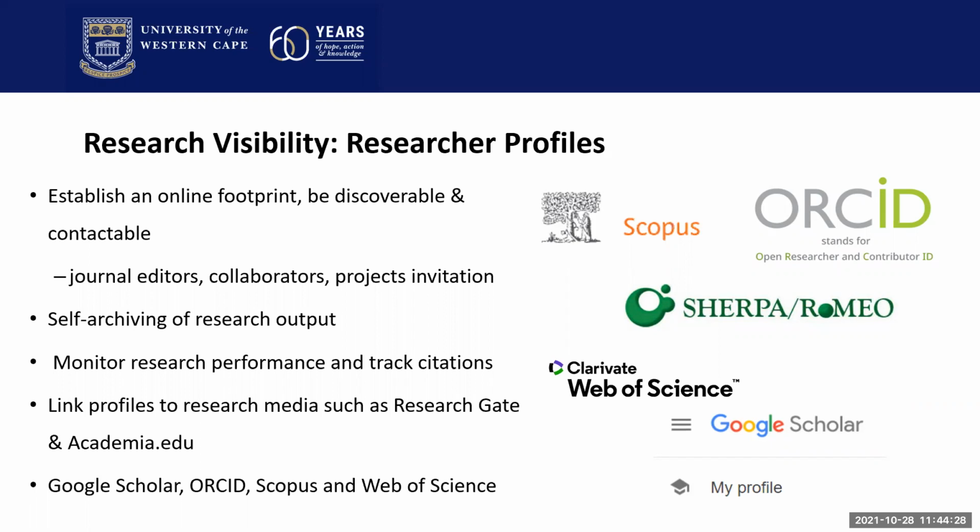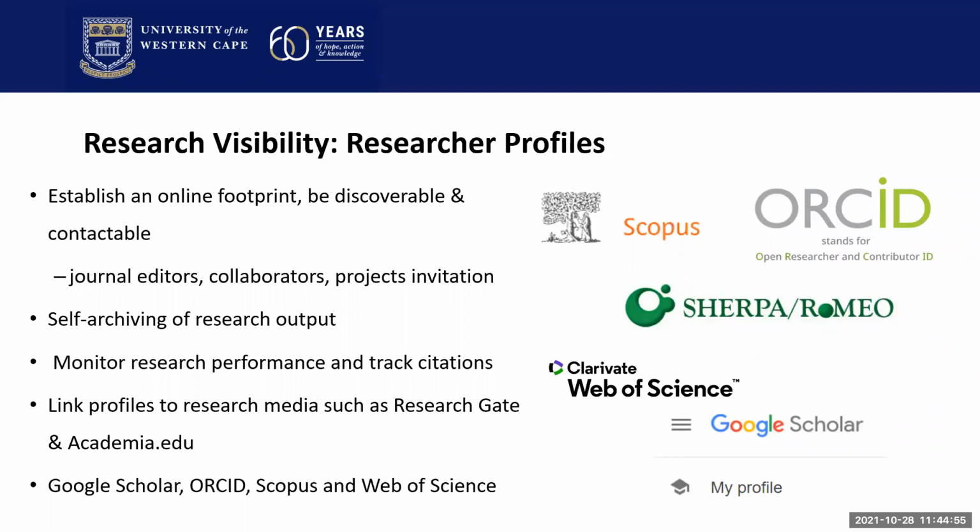As some of us may know, we have what is known as Sherpa Romeo, which is where you can check open access sharing license policies of your work. You can go onto the site and check the regulations of what the journal allows for a researcher to make available through the self-archiving process.